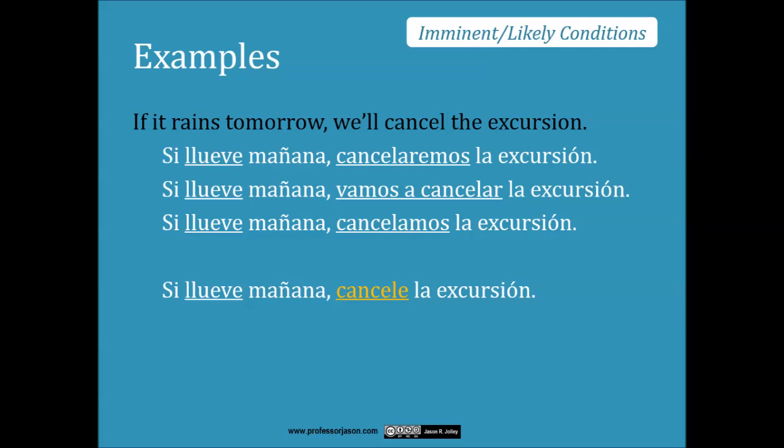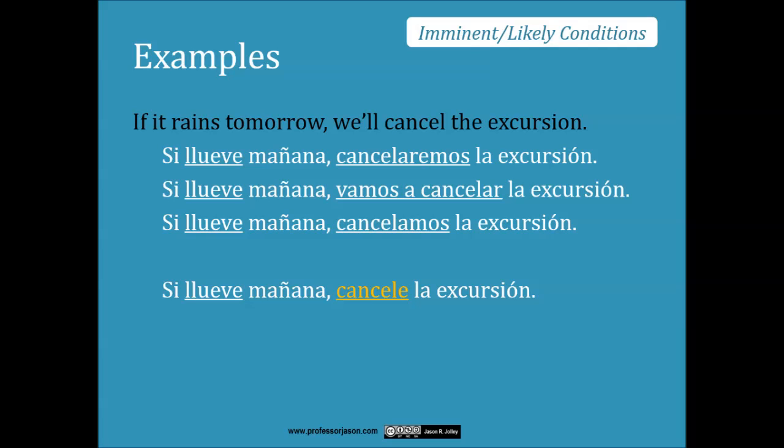So in these cases, which some people call predictive conditionals, the if clause is usually in the present tense indicative mood, si llueve mañana, and the then clause somehow refers to the future, although command or imperative forms are also possible. Now I say somehow refers to the future because Spanish has 3 very common ways of referring to the future.